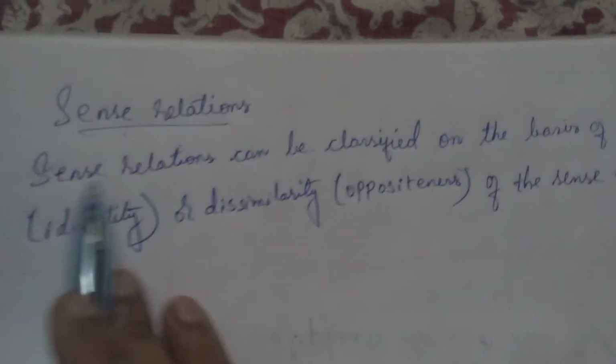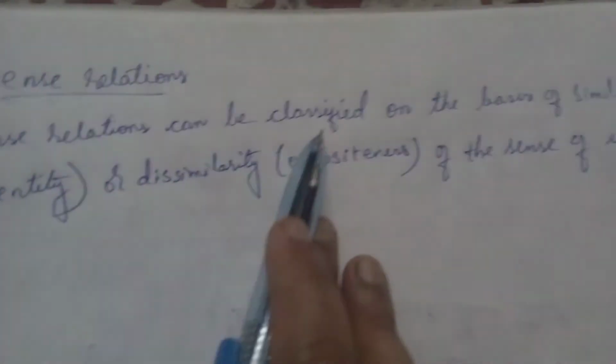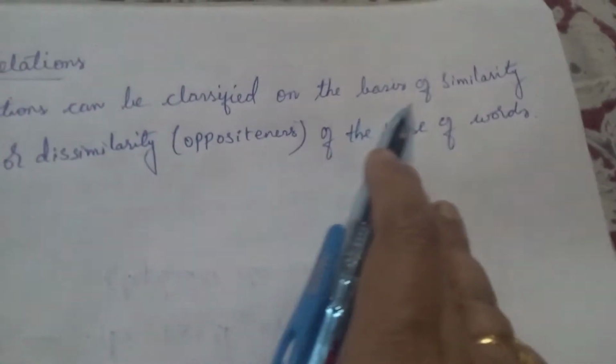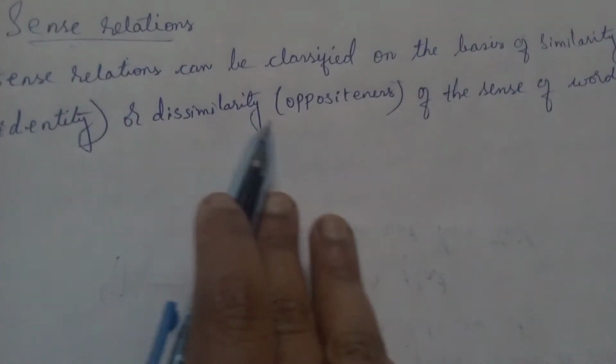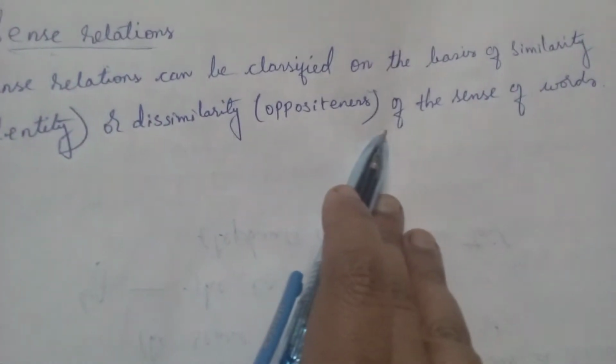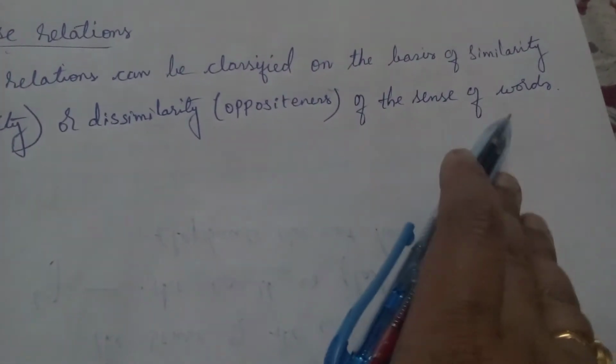Okay. Sense relations can be classified on the basis of similarity, which is identity, or dissimilarity, which is oppositeness of the sense of words.